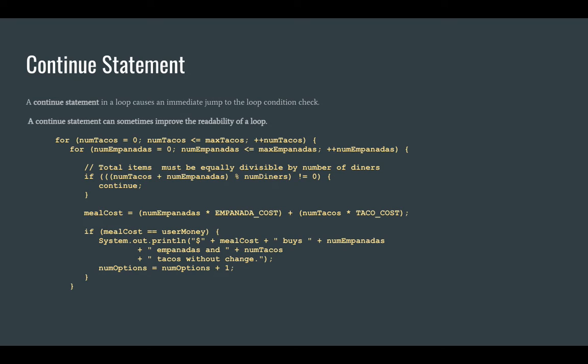So if the continue is on an inner loop, it only goes to the top of the inner loop. If the continue is on the outer loop, it goes all the way back to the top of the outer loop. Okay? In this example, the program code would stop right here and go back up. It wouldn't continue to evaluate the rest of this.